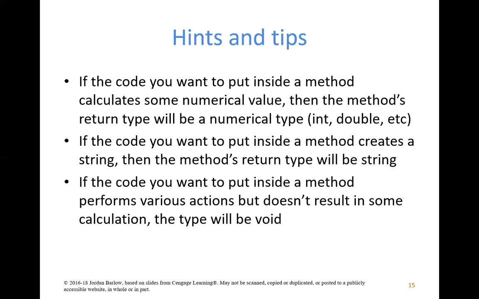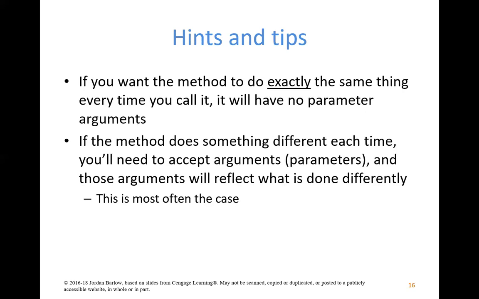On the other hand, if you have code that you want to be executed to complete some action, but it doesn't result in something new being calculated or created for the user to save, then the return type will be void.